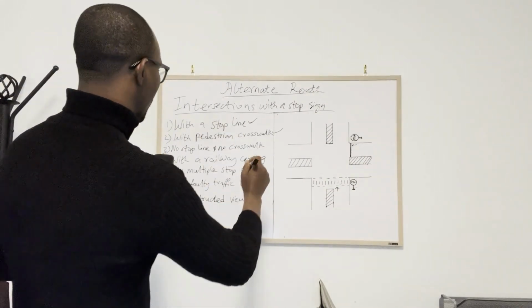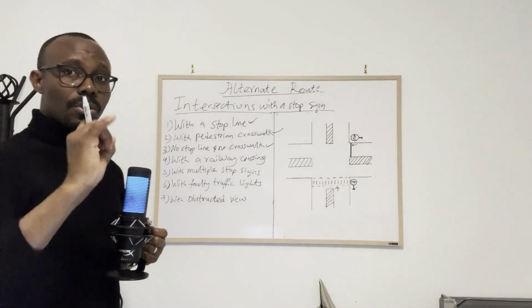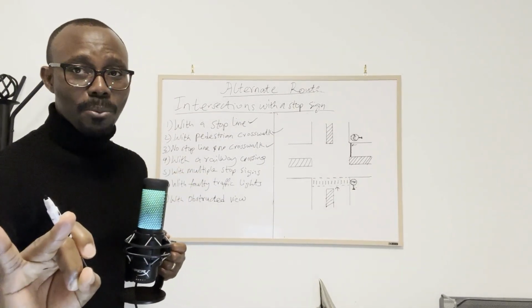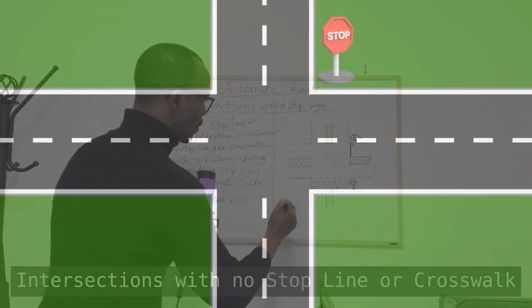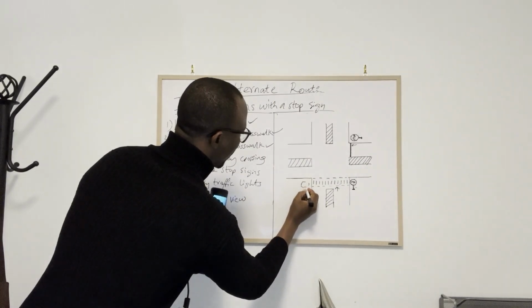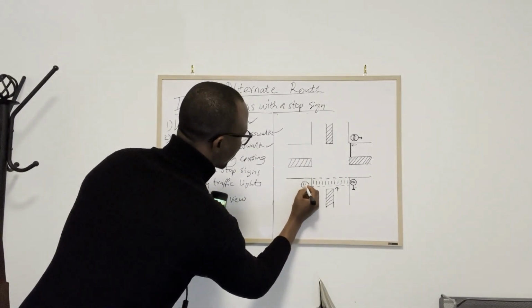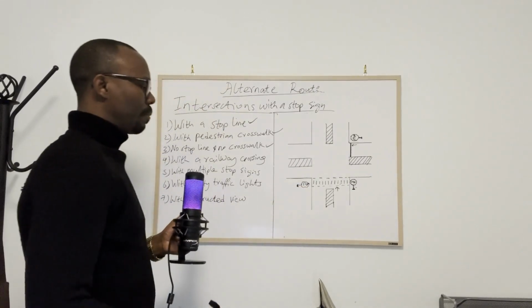Now, the third type of intersection we want to consider is an intersection where there is no stop line and no crosswalk. So let's pick this one for example. Let's say here you have a stop sign, right? So the stop sign is here, okay?